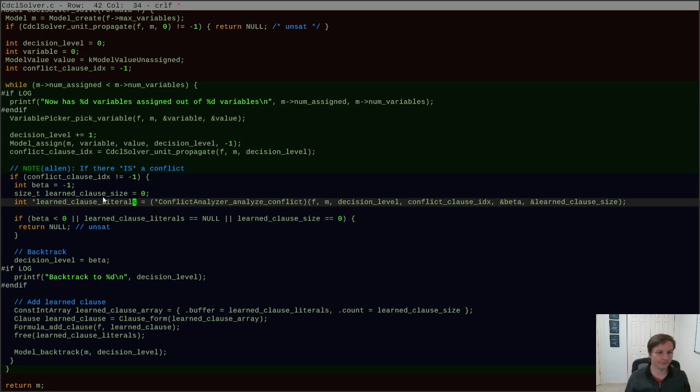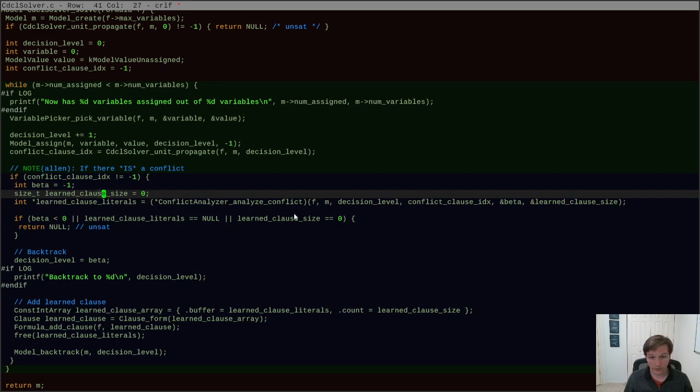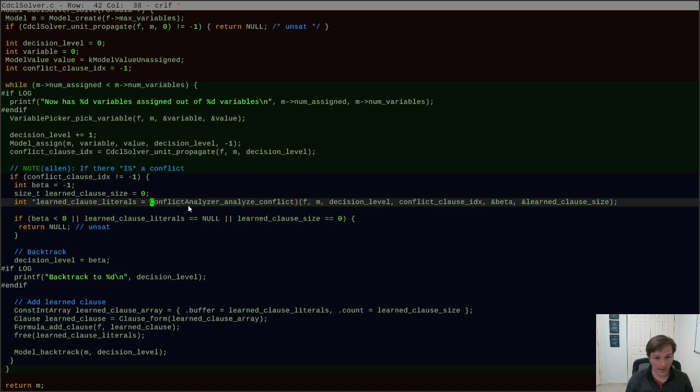Okay. Learned clause size. So here, we're analyzing the conflict. We don't know what analyze conflict means yet, but let's get an idea of what the inputs and outputs of analyze conflict are.